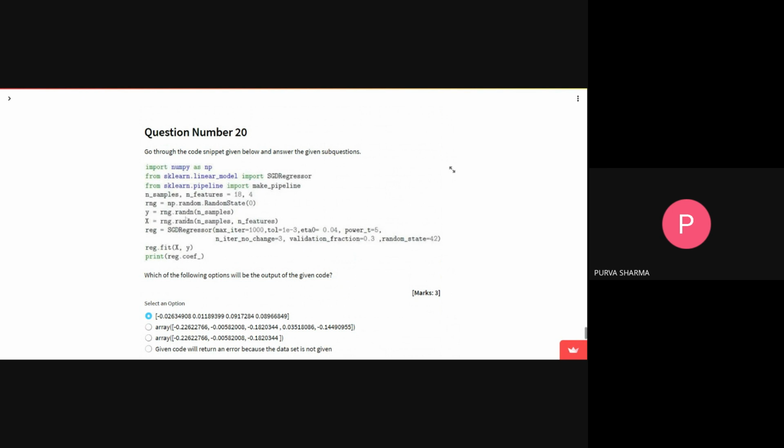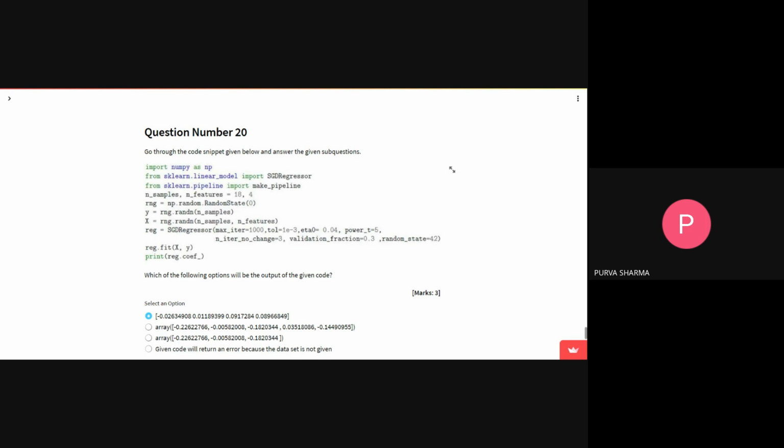y will be normally distributed; randn means normally distributed values. 18 values, right? For X, we'll be generating randomly normally distributed values, 18 rows and 4 features.